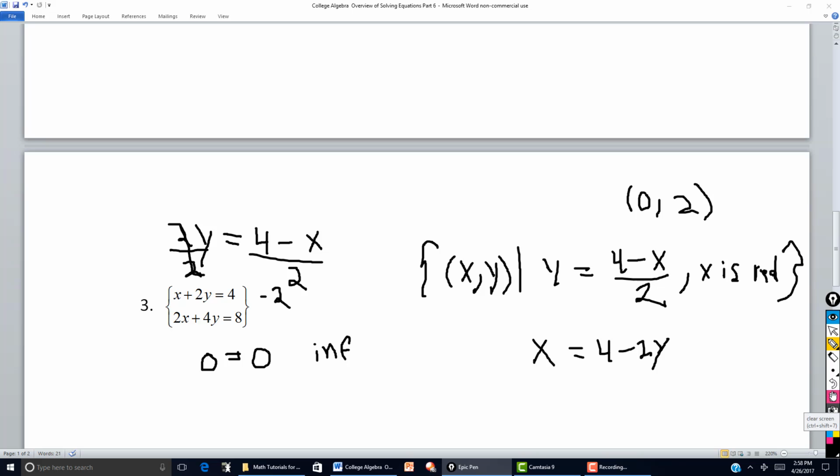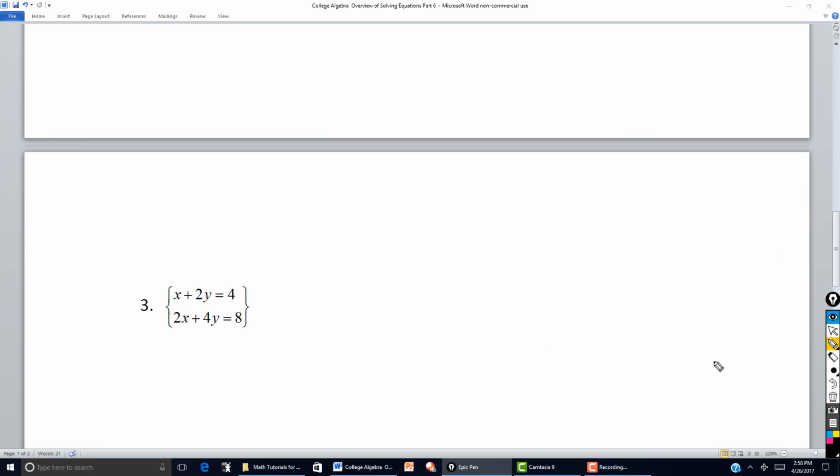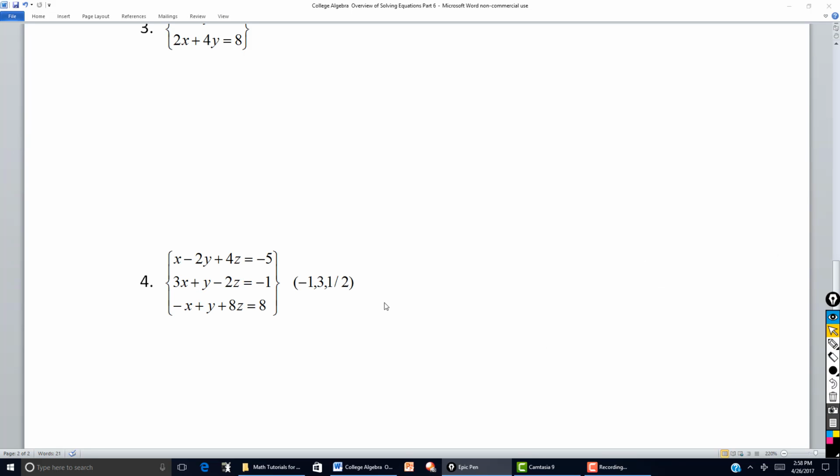Now, if you have, say, three equations with three variables, you're going to have the same scenarios. So what do we do with the two equations, two variables? We eliminated one variable and got it down to a single variable. Well, you're going to do basically the same thing. You have three equations.